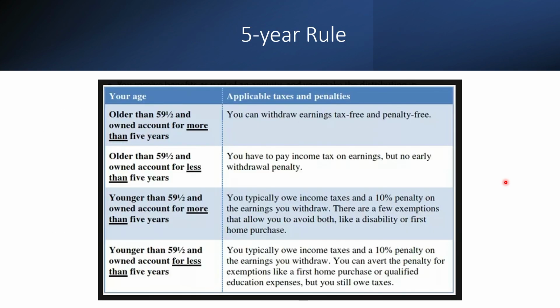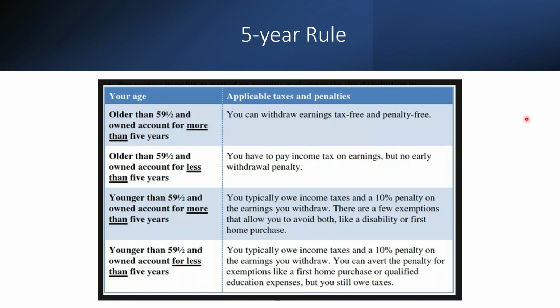All right, let's talk about the 5-year rule because this is really important. If you open a Roth account, if you are older than 59 and a half and you have owned the account more than 5 years, then earnings and principal you can take out tax-free and penalty-free. So that's where we're trying to get to.